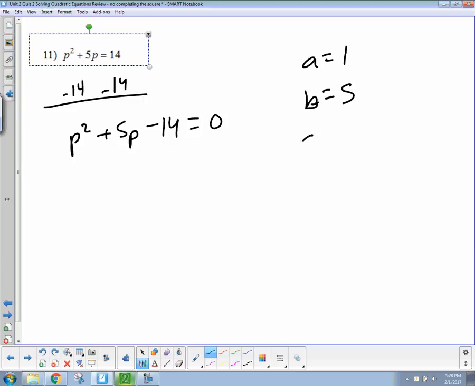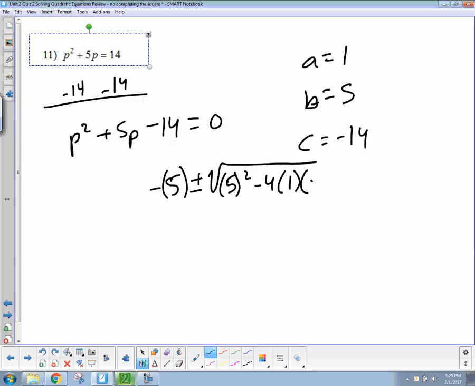Negative 5 plus or minus root 5 squared minus 4 times 1 times negative 14, all over, what do you call it, 2, and, oh, that's a 1. I'm going right underneath it to simplify it. I'm putting all of this in my calculator.